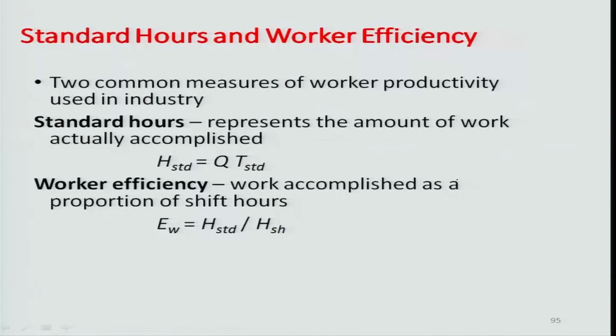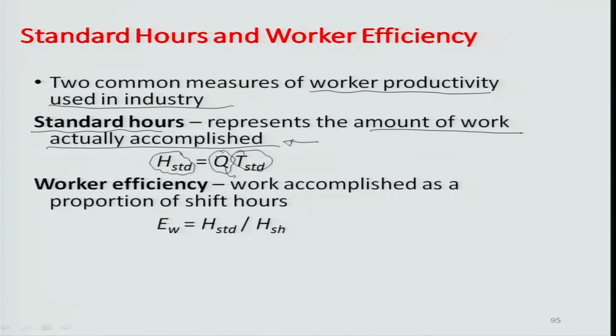Therefore two common measures associated with manual work systems, which give a sense of worker productivity in industry, are standard hours, which typically represent the amount of work actually accomplished. So the total standard time, for example, for producing Q units in one particular shift, is essentially Q times the standard time associated with each unit of production.